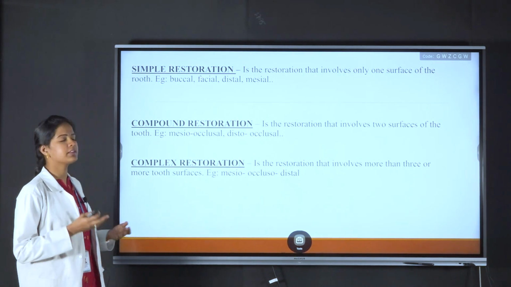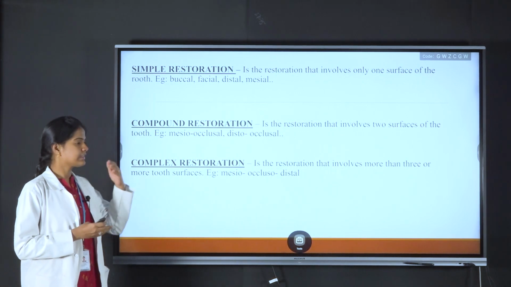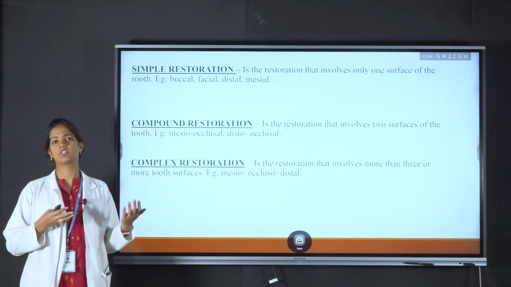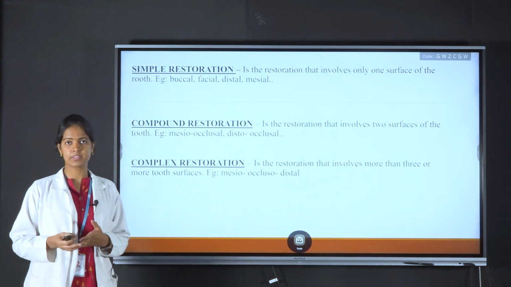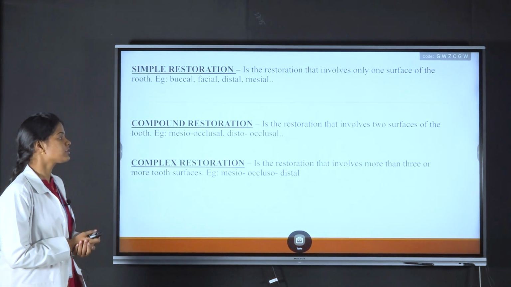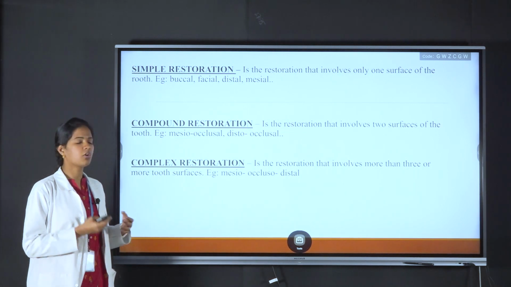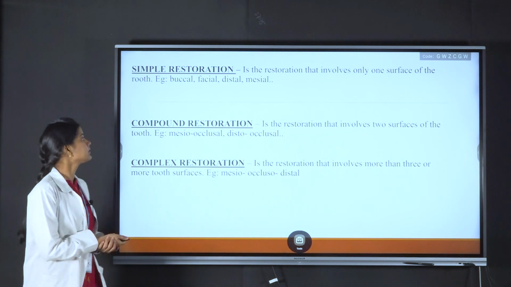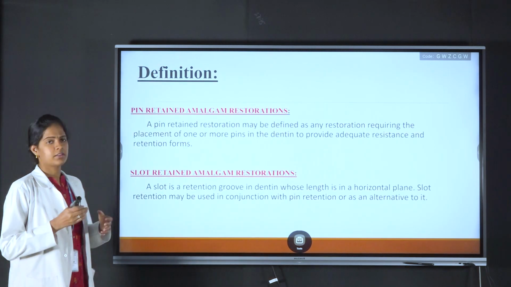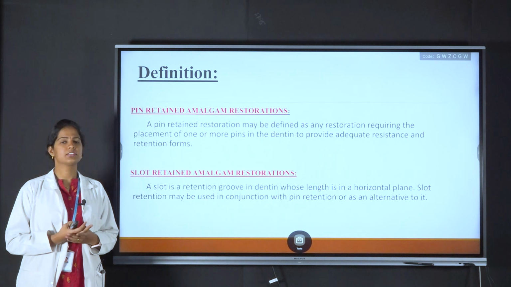A compound restoration can be two surfaces of the tooth, like a class 2 cavity, a mesio-occlusal or a disto-occlusal. Coming to complex restorations, which is the topic for today, here the restoration involves three or more surfaces of a tooth, like MOD type of cavities.